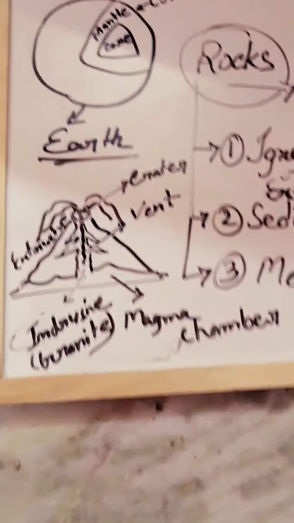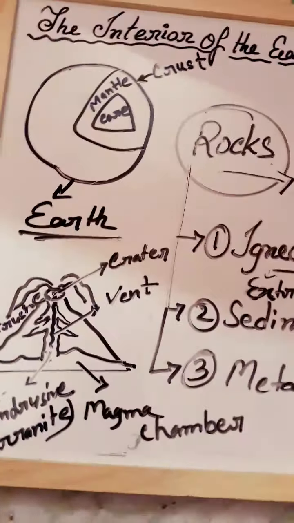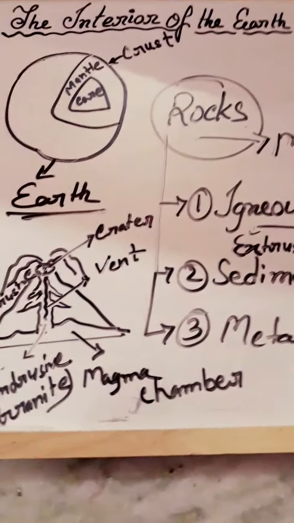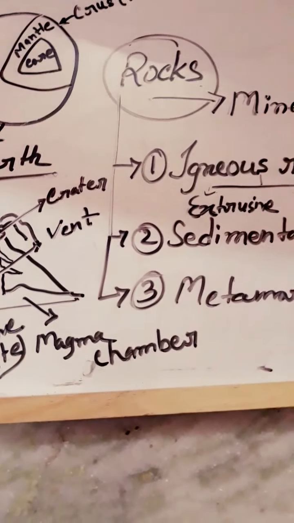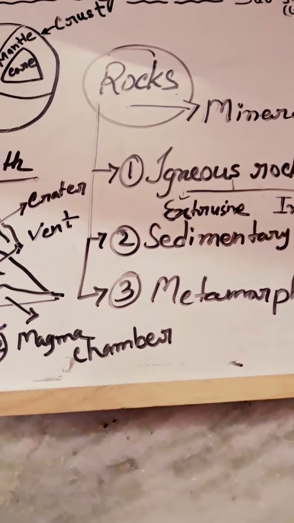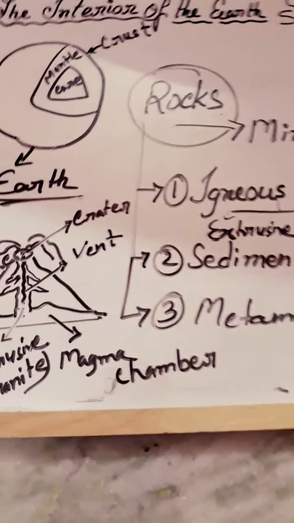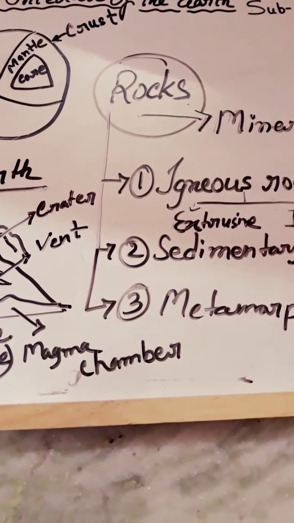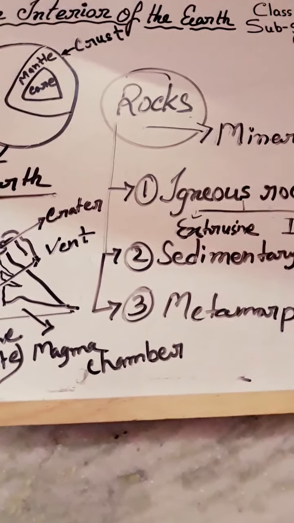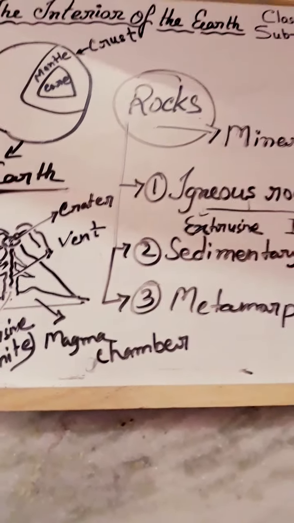Then sedimentary rocks. Sedimentary rocks, we have already read that over a period of several thousand years, sediments carried by agents of gradation like water, ice, wind and the sea are deposited in layers over the earth. The sediments may consist of weathered and fragmented rock materials, microorganisms and plant and animal remains.